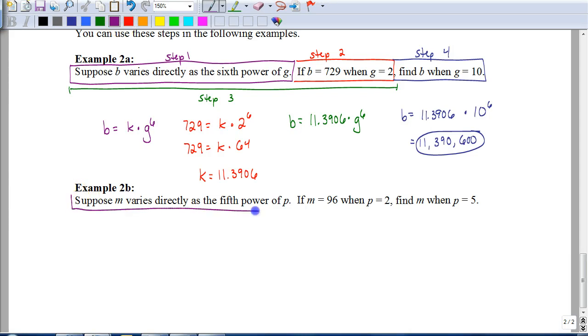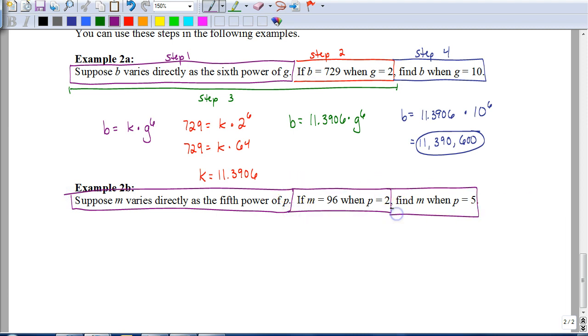Okay. So again, here are our different steps. Step 1, come up with our general equation. M equals, vary directly, so it's going to be k times the 5th power of p, p to the 5th power. Our second step, find out what k is.